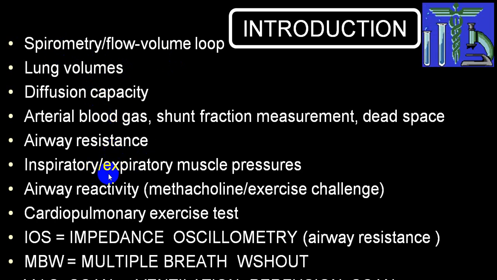There are inspiratory, expiratory muscle pressure studies, airway reactivity by doing a challenge test, cardiopulmonary exercise test, impedance oscillometry, airway resistance test, multiple breath washout, and VQ scan, that is ventilation perfusion scan.